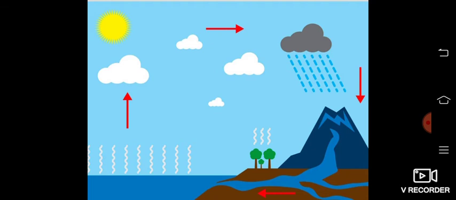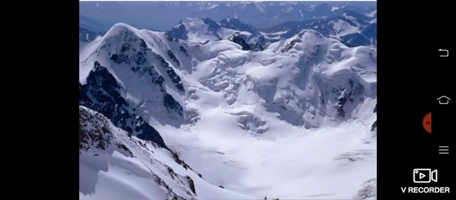Okay, sometimes it becomes very cold high above the ground. Look at this picture. Some mountains have snowfall. Why is there snowfall? Because high above the ground, the air temperature is very cold. Inside the clouds you have tiny drops of water.